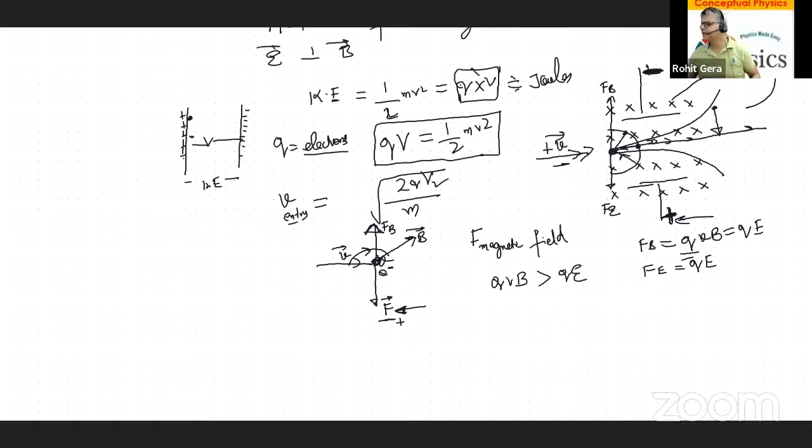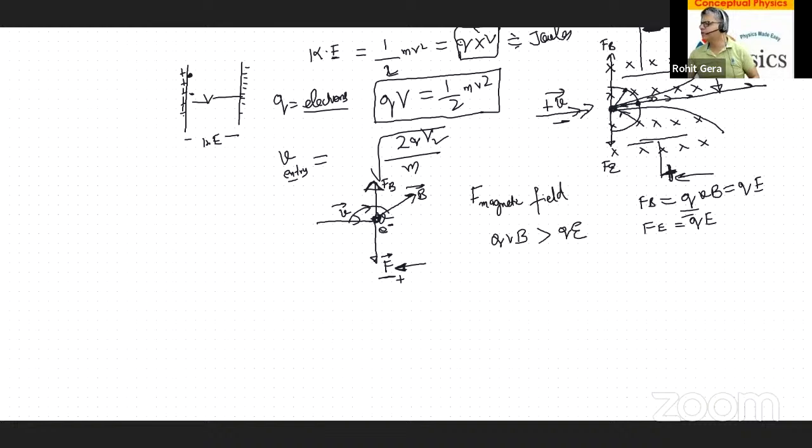So there is a beam of protons that enters a magnetic field. Okay, let's do a small practice.